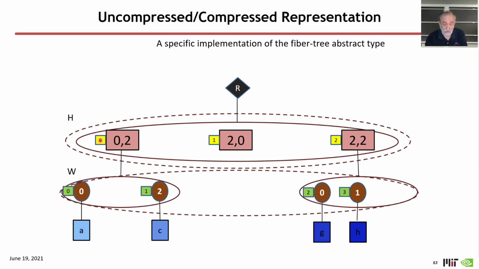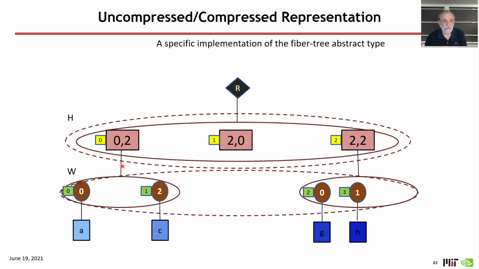For each coordinate in the top rank, notice I have to have a representation for the coordinate which actually had no payload because it's uncompressed. So what is the representation? The representation is an offset in the next rank to the fiber associated with this coordinate, and its length.